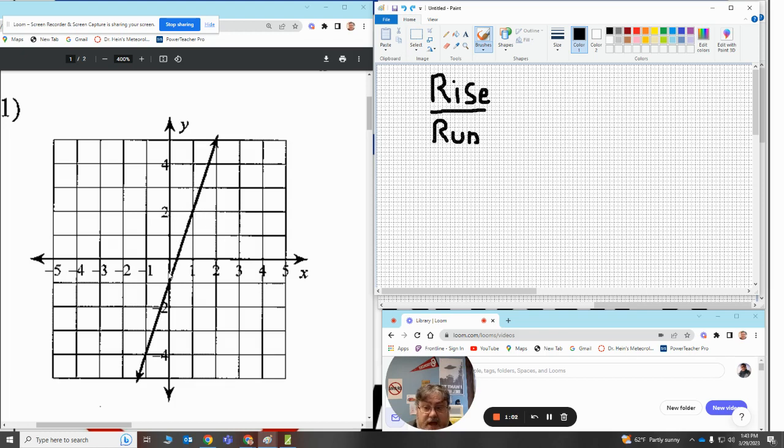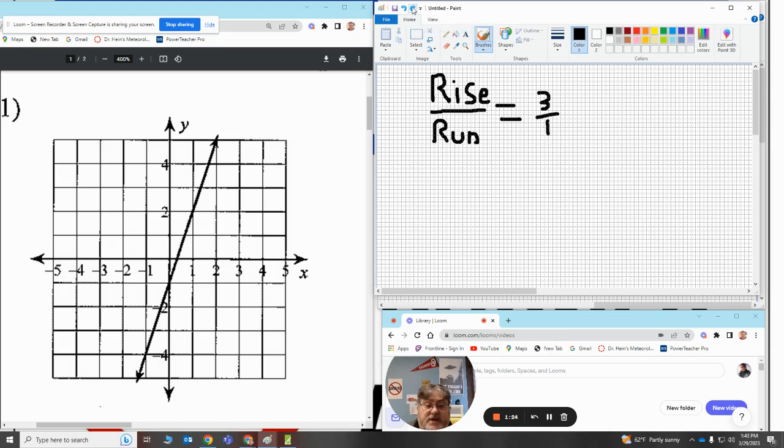So I go off the line by counting units up, my rise. It rises 1, 2, 3 units, and then it runs 1. Because it's going up, it's a positive number, so my rise is positive 3. Since I'm going to the right, it's also a positive number, so my bottom number, my run, is positive 1.